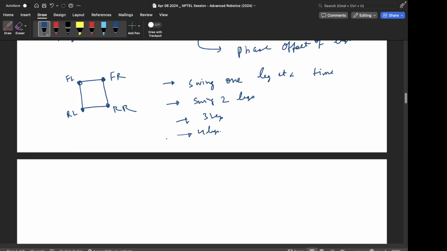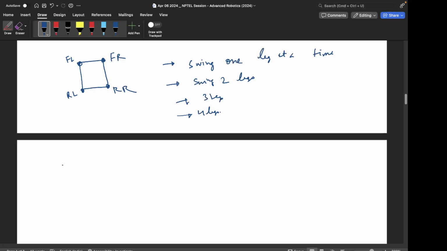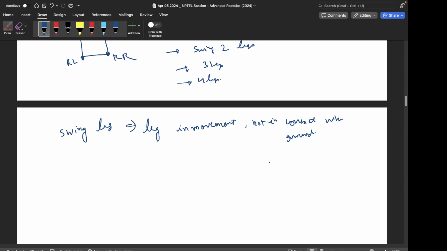Okay, so a leg is in swing. A swing leg means a leg in movement, going from one contact point to another contact point, that is not in contact with the ground.